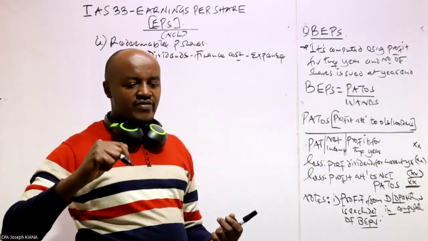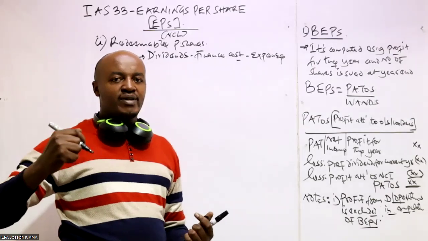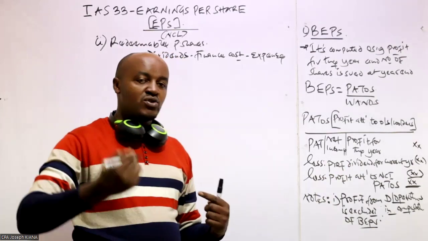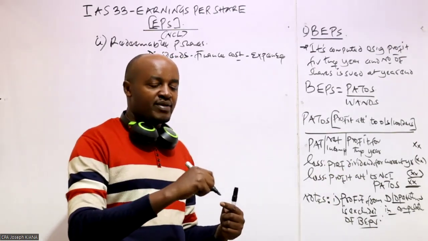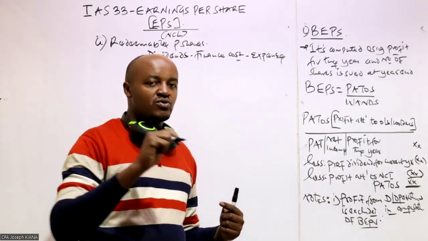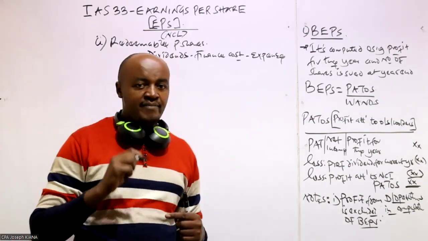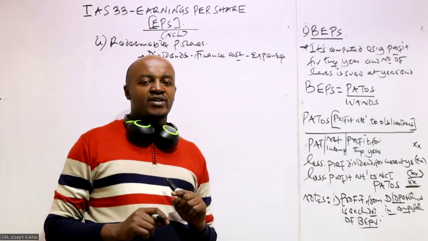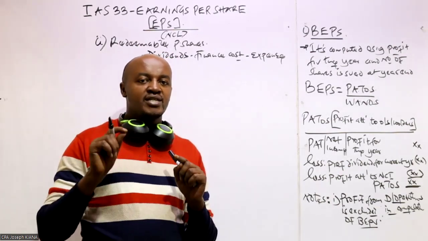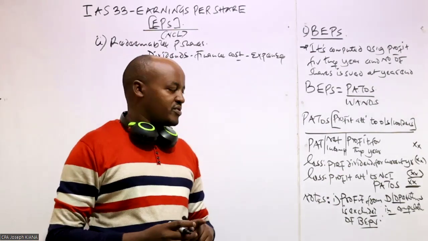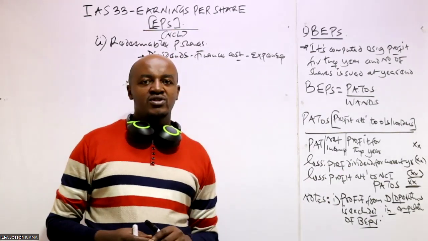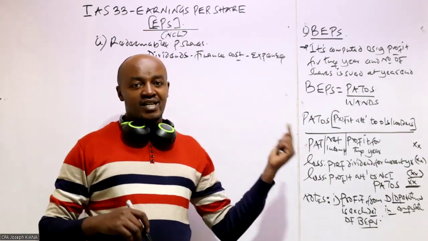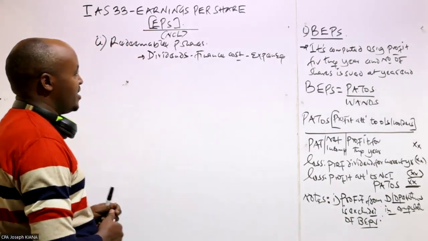Therefore, if we are told specifically that the preference shares issued by the company are redeemable, don't deduct their dividends here, because they have already been deducted in arriving at that profit as part of the finance cost. This is one of the areas where the examiner will try to catch you by giving you some preference shares and telling you that they are redeemable. Most students will just go ahead and deduct those preference dividends, which is totally wrong, because they have already been deducted as part of the finance cost.